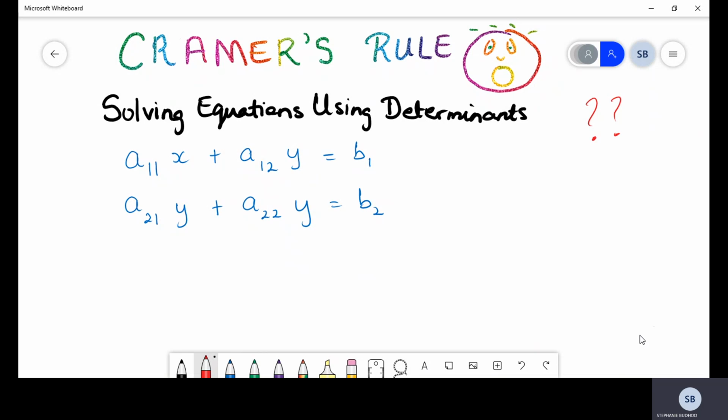This first equation here, we can call equation 1. The second one here, we can call equation 2. And if we have two equations, essentially what you want to do is solve for values of x and y, as if all of the letters A and B were known values, such as 2, 3, just regular numbers. So how can we go about doing this?